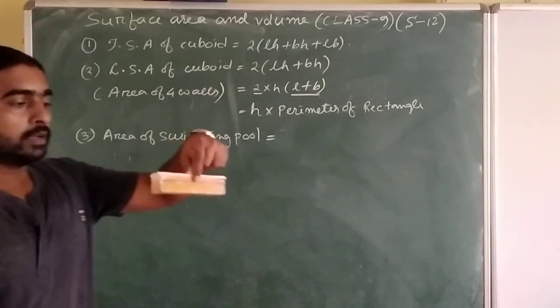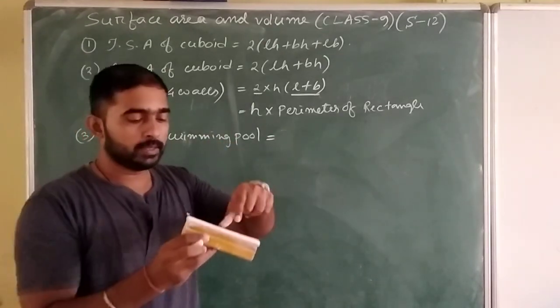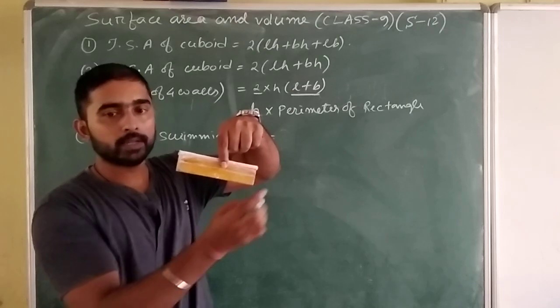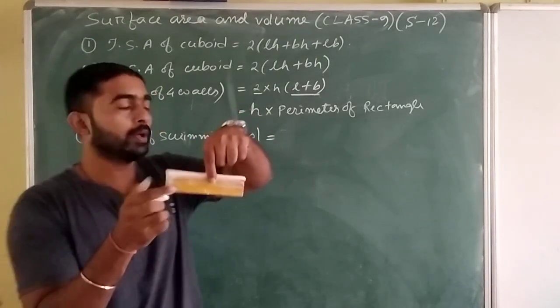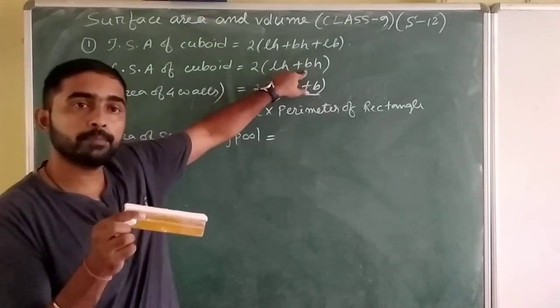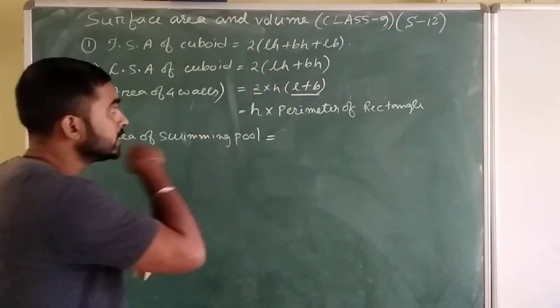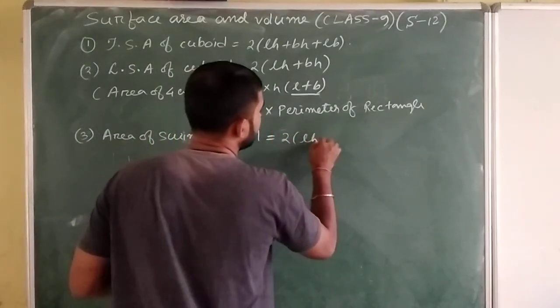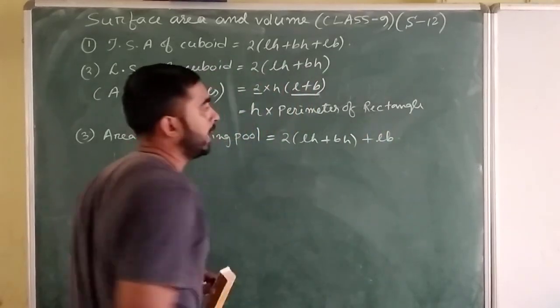So whenever it comes to the area of a swimming pool, it means the area of the 4 walls plus the area of the base. What is the area of the 4 walls? 2 into (LH + BH). And what is the area of the base? That is LB. So it becomes 2 into (LH + BH) plus LB.